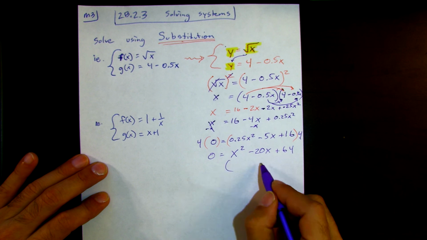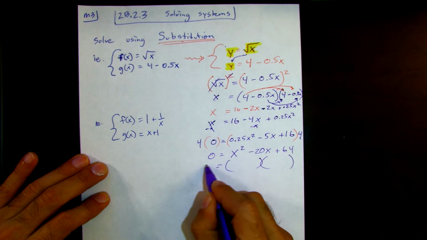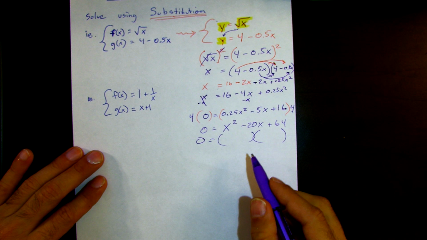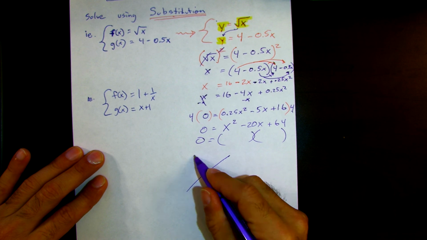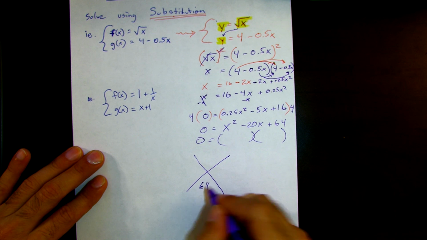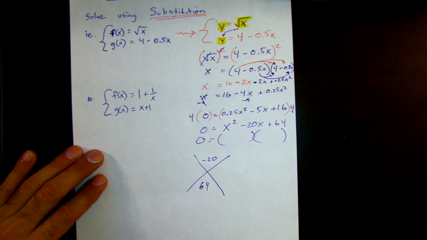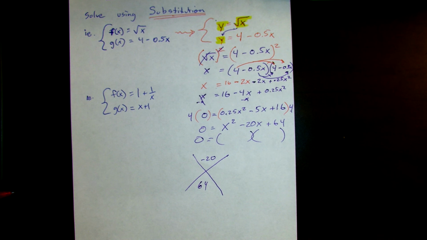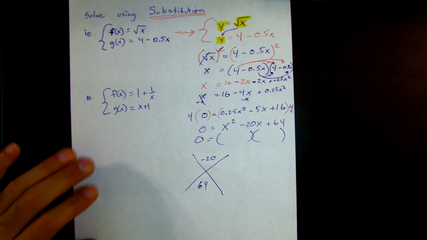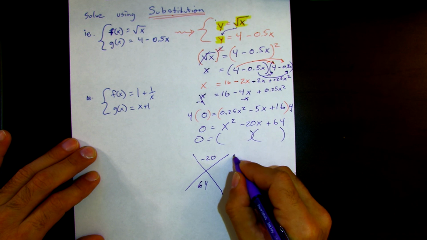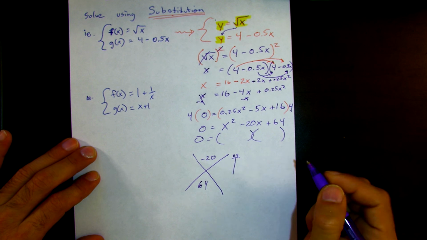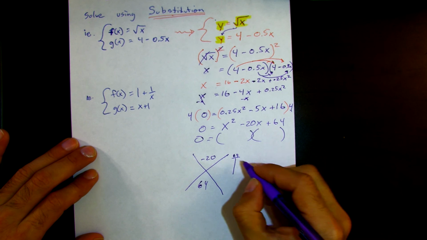Now we're going to do some of this. 64. What multiplies to give you 64 and adds to give you negative 20? You might say that this problem has a lot to it. Yeah, that's why I give you 4 different problems for homework, because it combines everything from the unit. I look here and say, well, what gives me 64? What multiplies to give me 64 and maybe adds to give you negative 20?